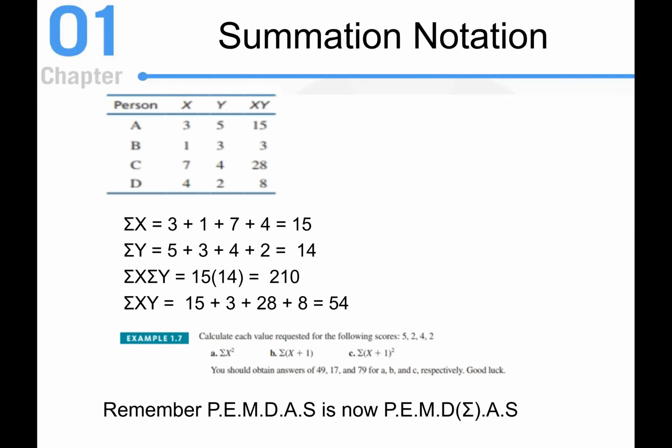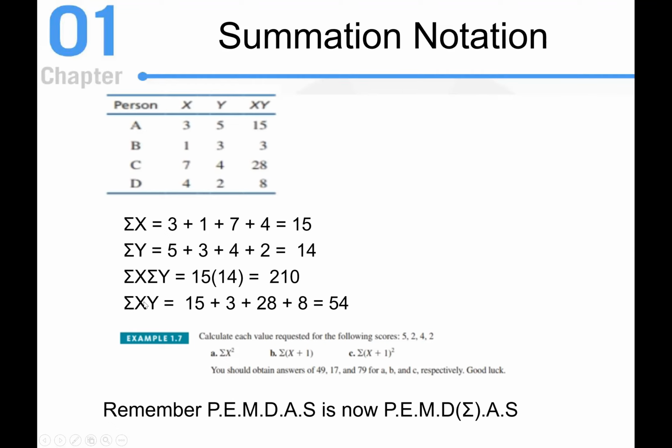No. Is there any multiplication and division? Yes, but not until we have summed up the X scores and summed up the Y scores. So we sum the X scores, we sum the Y scores, and then we multiply those two.